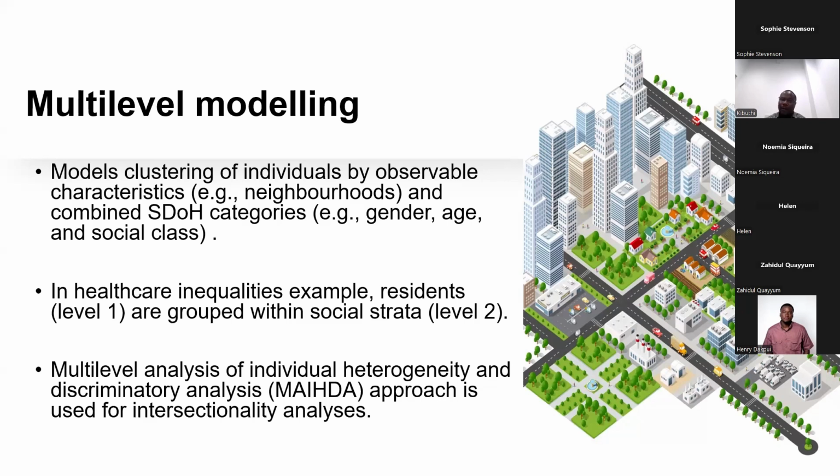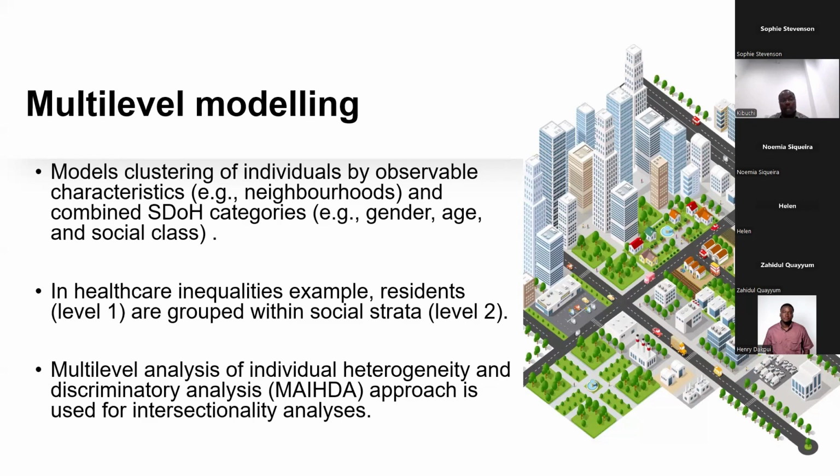Then we can have a second cluster of a male, the same age, the same social class, and so on, each is a cluster. So everyone within that level of categories is treated as a cluster, and there is a high likelihood they will have the same aspects in terms of health condition.